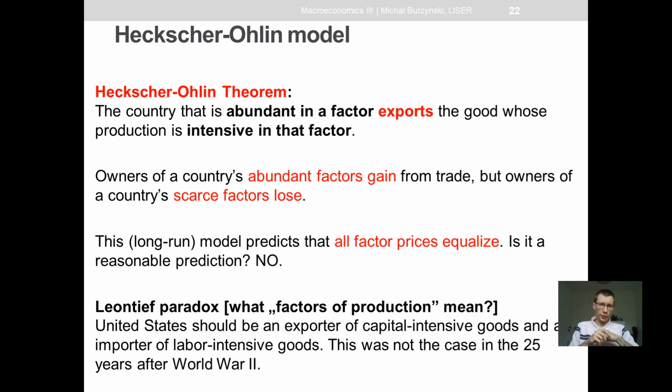Moreover, the US should also import labor-intensive goods, as it was relatively scarce in terms of labor in general. And actually, the Polish-US economist Leontief found out that this was not the case with the actual data of the US trade structure in the 25 years after World War II. And economists started to think maybe this model is totally wrong, and it means that the assumptions of this model are totally false.